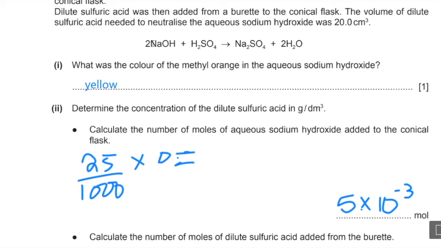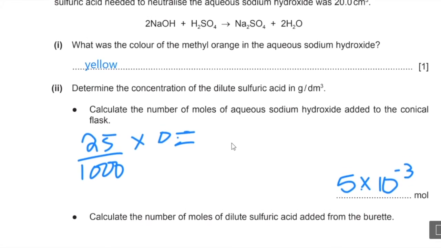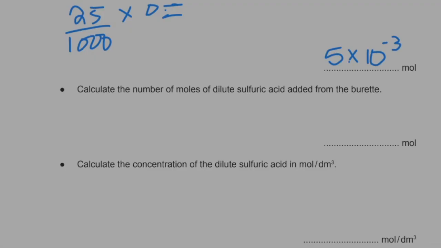So the equation states that 2 moles of sodium hydroxide react with 1 mole of sulfuric acid, or half of its mole. And that means when you divide this value, which is the number of moles of sodium hydroxide, by 2, you get the number of moles of sulfuric acid, which would be the half of it. So that is 2.5 into 10 to the power of -3.